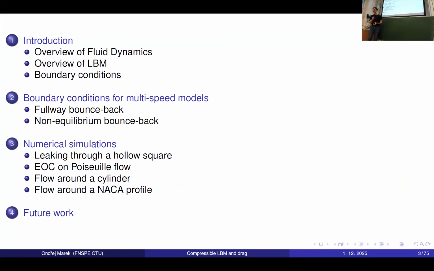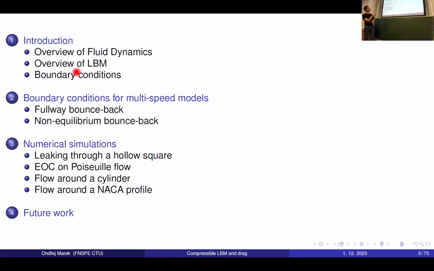So firstly, I would like to give a brief overview of fluid dynamics, which I think most of you know more than me. And then I would like to give you a deeper understanding of the Lattice Boltzmann method, how it works, how it can be derived, and how it can be used.